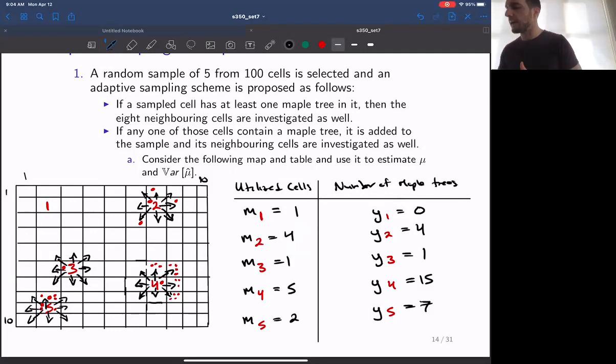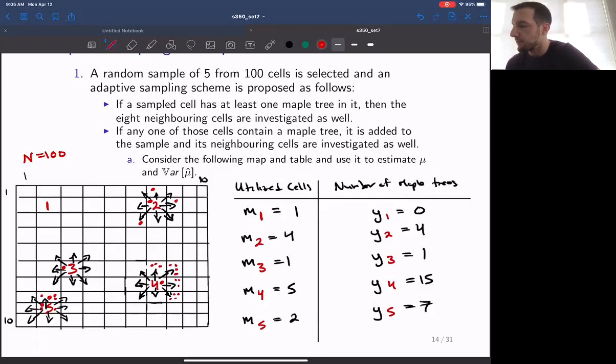Okay, so how does this adaptive sampling scheme work? Well, as we talked about on Friday, we have this 10 by 10 grid. So we have, in this case, 100 different observations that would be available to us. Okay, so we can write here, just as a note, capital N is equal to 100, right, on this 10 by 10 grid. We have randomly sampled 5 of those 100 objects.